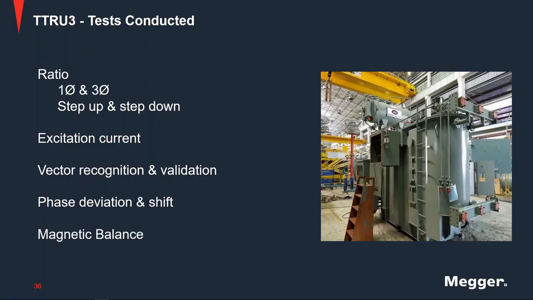There's also a test that's not well known in the United States, but it's referred to as magnetic balance. This is a ratio test, but rather than measuring the turns ratio across the primary to secondary, it is a turns ratio measurement that looks at the primary windings to other primary phases.